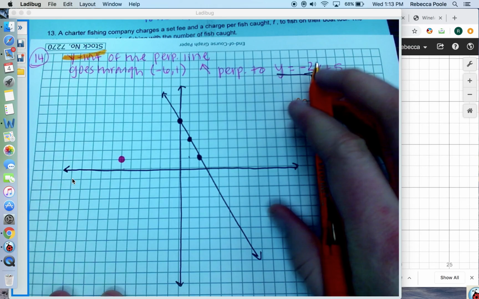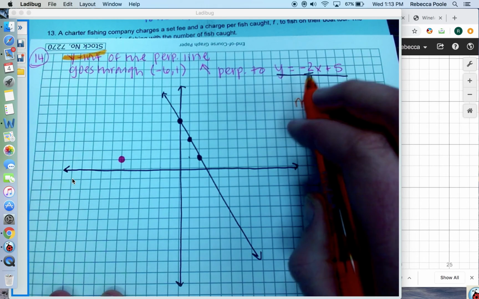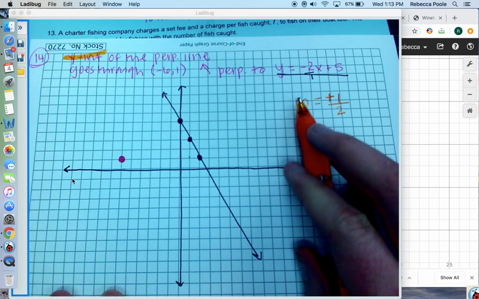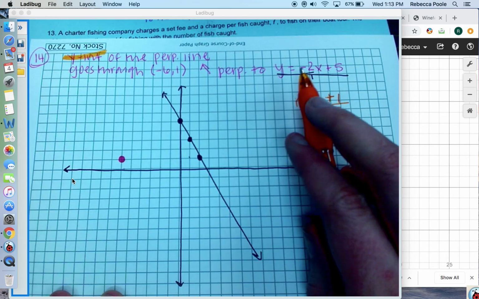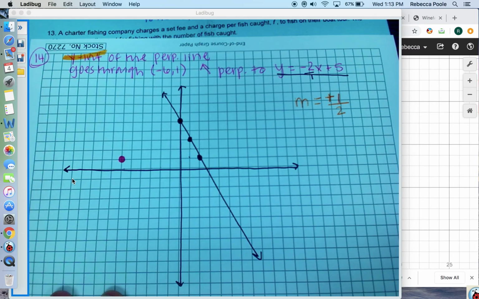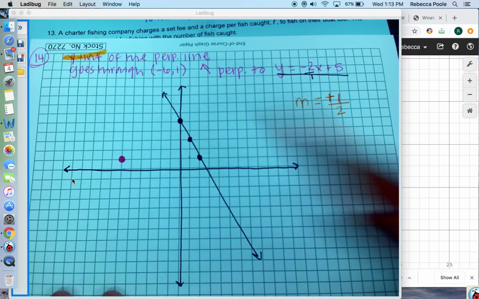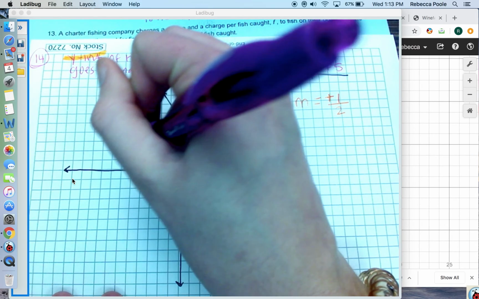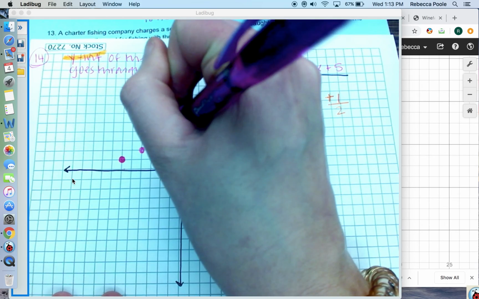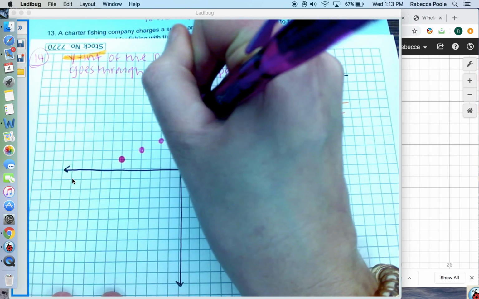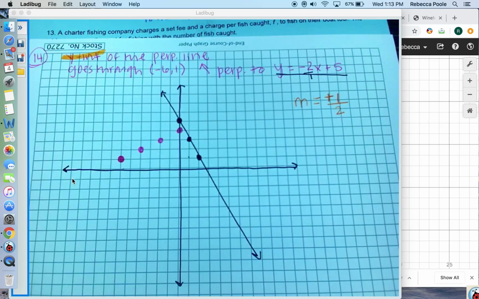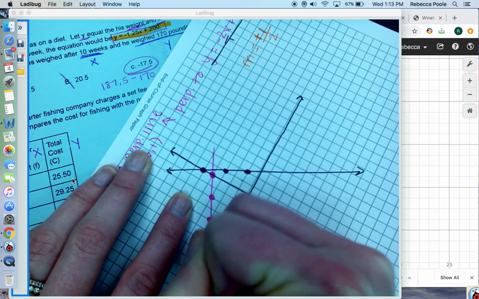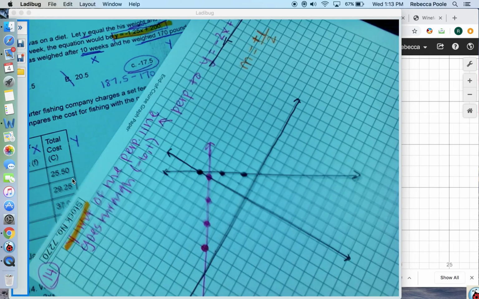Okay, if this line had a slope of 2 over 1, then this one is going to be 1 over 2. So remember, perpendicular lines, you flip them and switch the sign. They're complete opposites. So from my pink point, I can go up 1 over 2, up 1 over 2, up 1 over 2. And then those points should make the line that crosses at a perfect T through my black line, and it does.